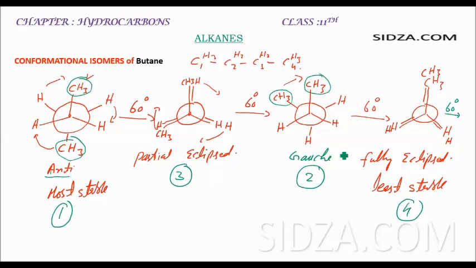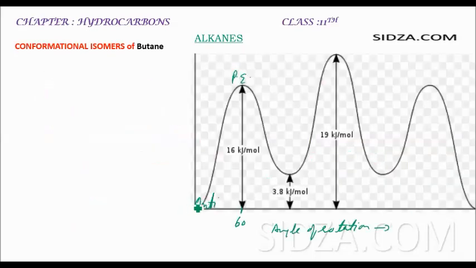Further rotation by 60 degrees, you get the gauche, so the total is 120 degrees of rotation. The change here is 60 degrees, correct? You further rotate it by 60, that means around 180 degrees total rotation.